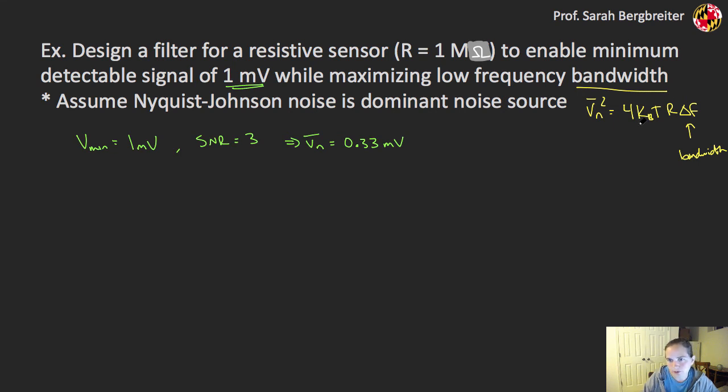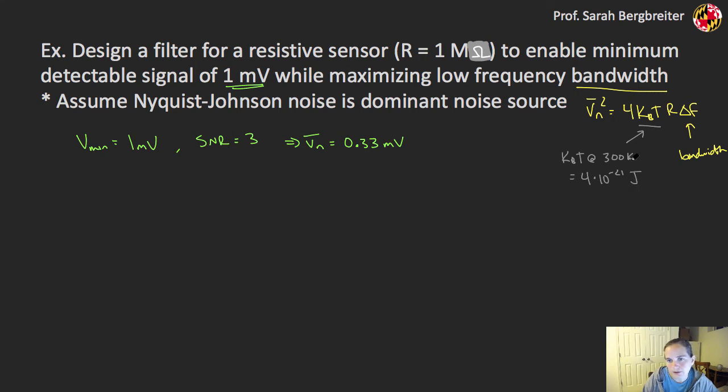And another useful number to keep in the back of your mind is that kBT at room temperature, so around 300 K, is going to be equal to 4 times 10 to the minus 21 joules.